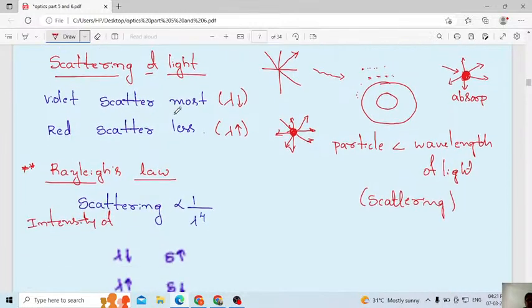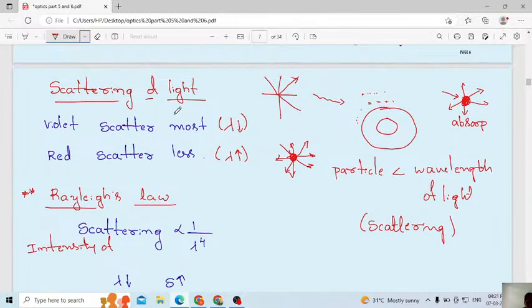Okay, next one, scattering of light. Scattering of light is this: when white light enters the earth atmosphere, in the earth atmosphere you have small particles. When this white light hits a small particle, the particle first absorbs the white light, then scatters the light in all directions equally.